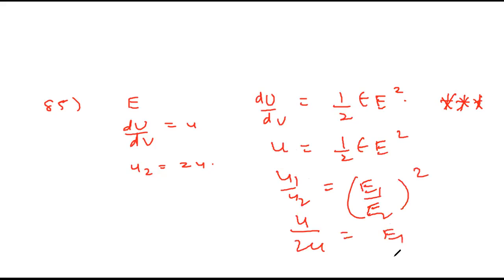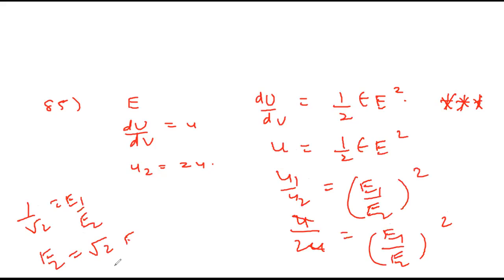You cancel. Taking square root, 1 upon root 2 is E1 upon E2. Therefore, E2 is root 2 times E1. So E is increased by 1.41. Root 2 means 1.41. 1.41 minus 1 into 100, 41%. Okay?